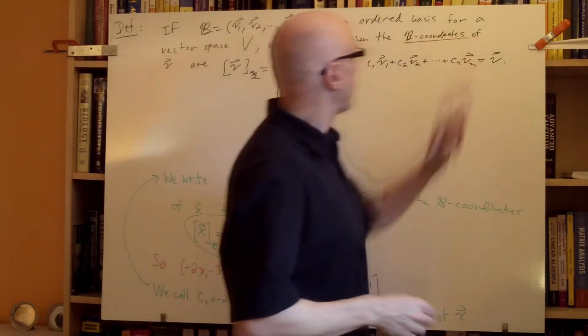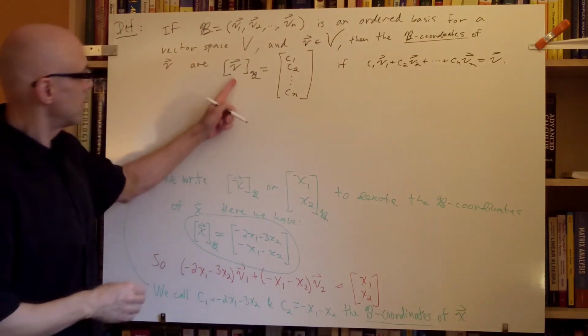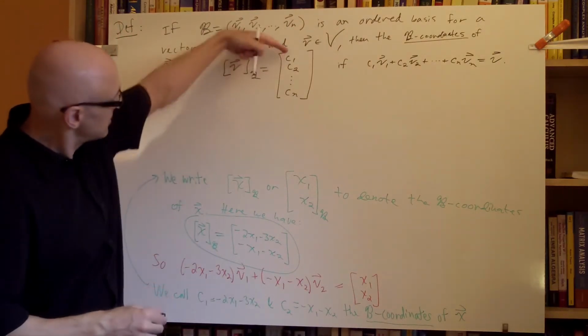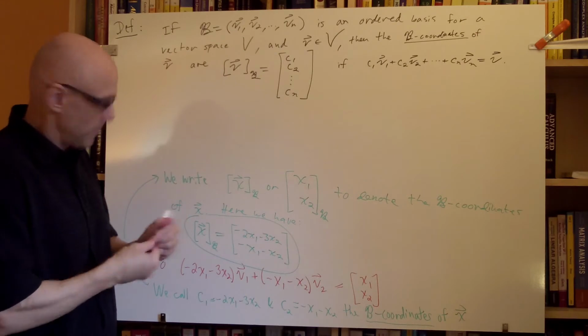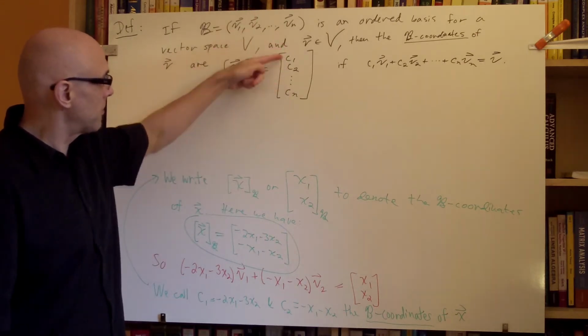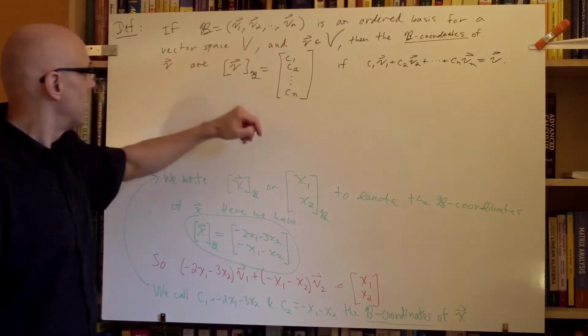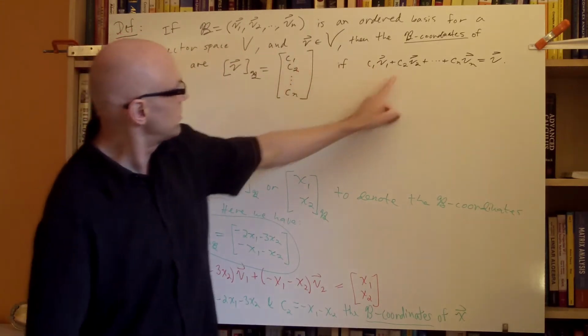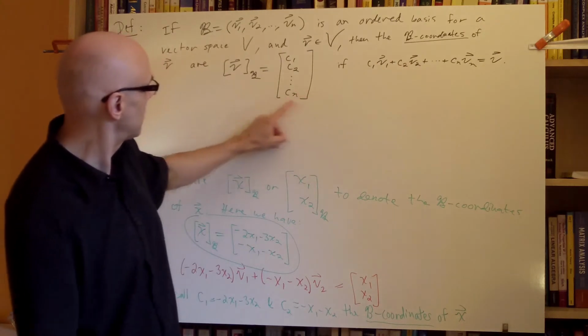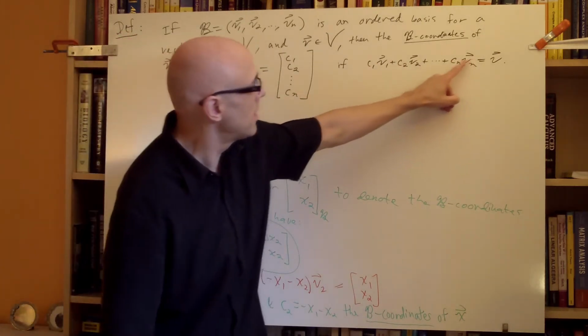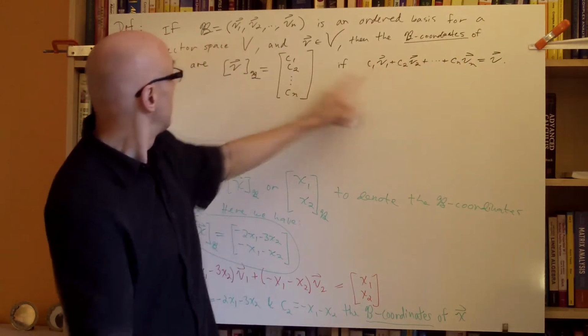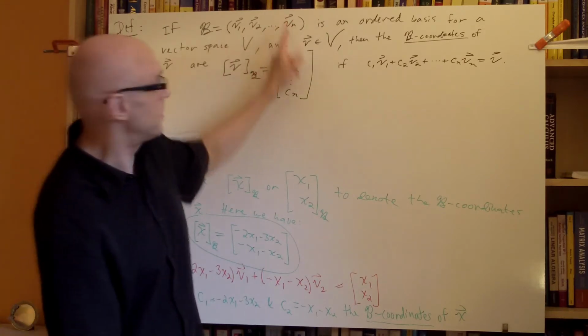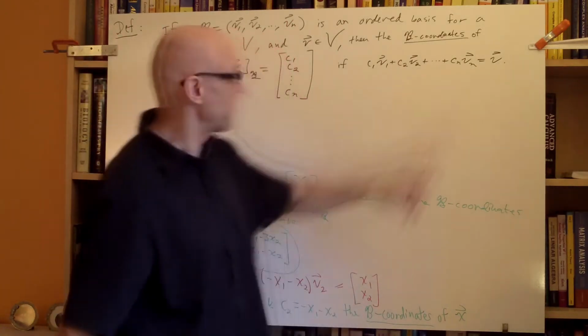So the B coordinates of the vector v, denoted by this symbol, is this list of numbers C1 down to Cn if the C1 times the v1 plus the C2 times the v2 plus dot dot dot Cn times the vn, if that linear combination of the basis vectors v1 through vn is equal to the vector v.